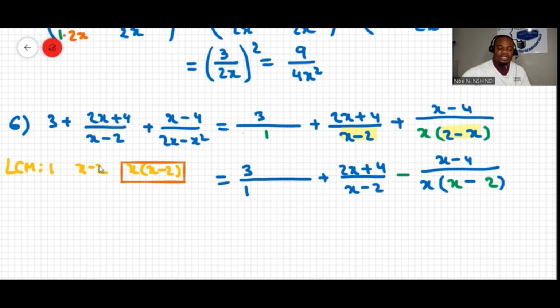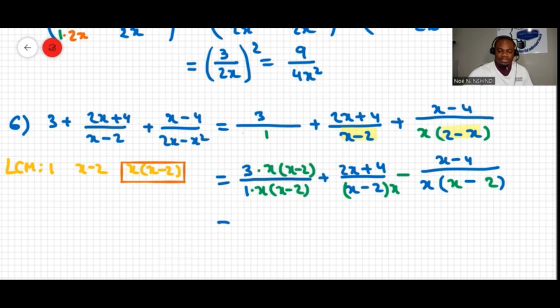It also divides x minus 2, it's going to be x, and then it divides itself. So the denominator here must be timesed by x open bracket x minus 2. So if I do that, I must also times the numerator by x open bracket x minus 2. And then over here, I must times it by x, and that one will remain the same because it is also the LCM.